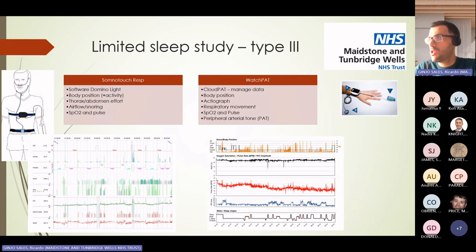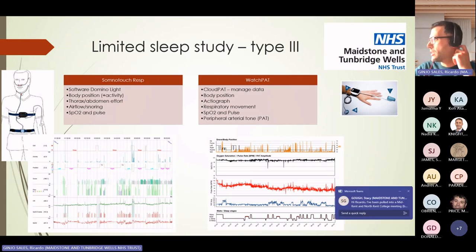It's providing body position, activity, thorax abdomen effort, airflow, snoring, oxygen, SpO2, and pulse. You can see an overview. The device provides plenty of information about snoring, the position, the events, how everything is going overnight. You can see the pulse variability and also the oxygenation during that night.